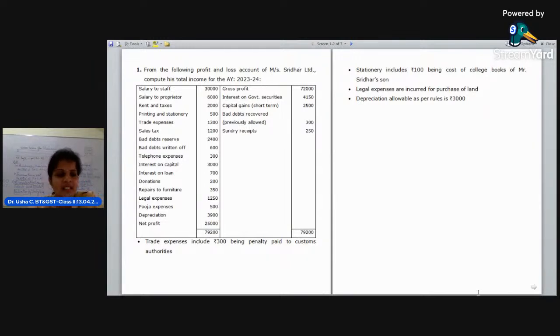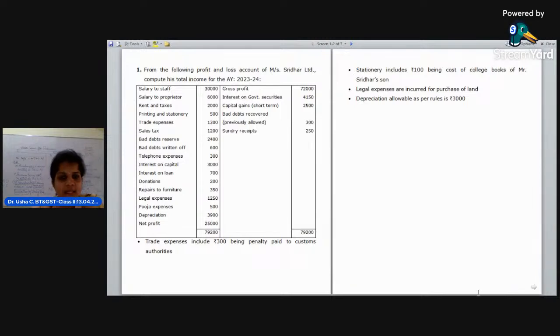See, look at the left side, we have bad debt reserve and bad debt written off. Bad debt written off we are allowing as an admissible expense because it is exactly the bad debt amount which is not recoverable, so we are writing it off. When there is a writing off of bad debts, then we can consider it. But when there is a reserve or provision for bad debts, that is not allowed as per income tax.